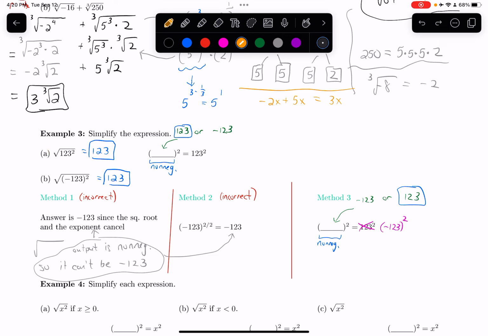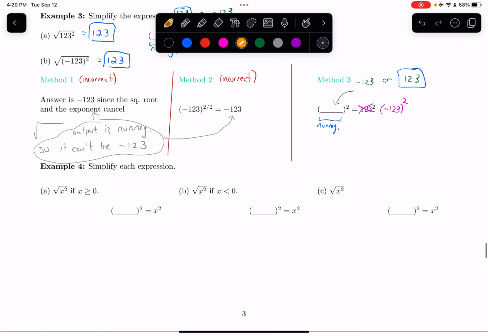But I wanted to do it this way, thinking about what a square root means in terms of what squared equals the thing inside, because it's going to help us in more general situations, like the next example. So what if I have a variable inside of my root? What if in part A I got square root of x squared, and part A says that x is greater than or equal to 0.